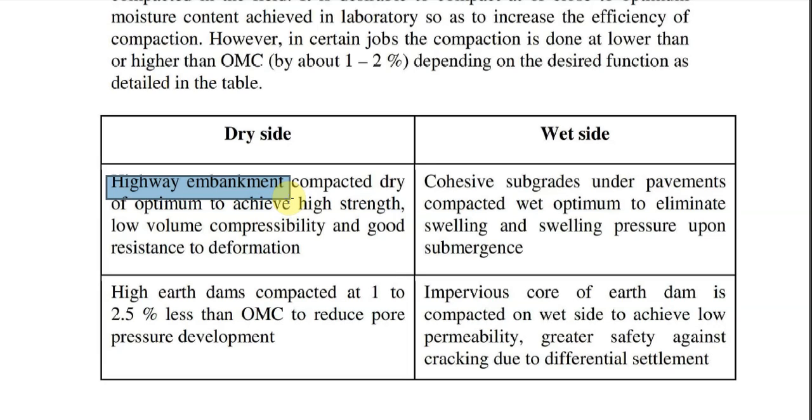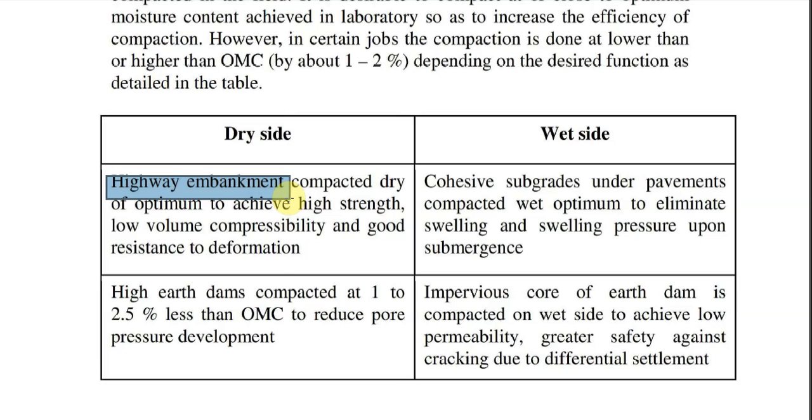Why? Because when the soil is compacted on the dry side of the OMC, it will achieve high strength and it will have low compressibility and it will have good resistance to deformation. So if you are compacting the soil in the highway embankment, it is compacted on the dry side of the optimum.